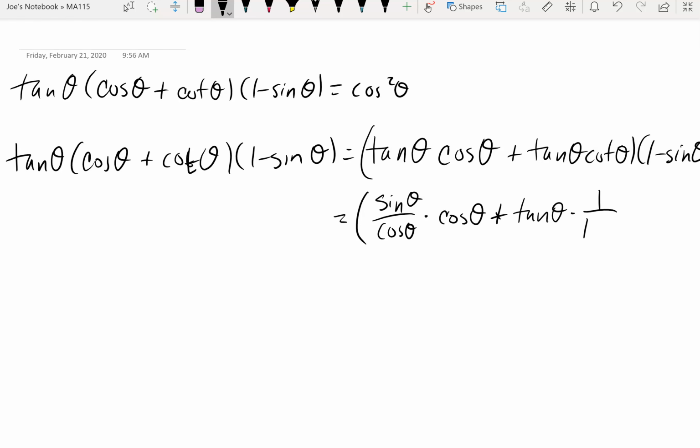They're reciprocals of each other, right? Yep. So in the first term, the cosines go away, and in the second term, we just get a 1, don't we?